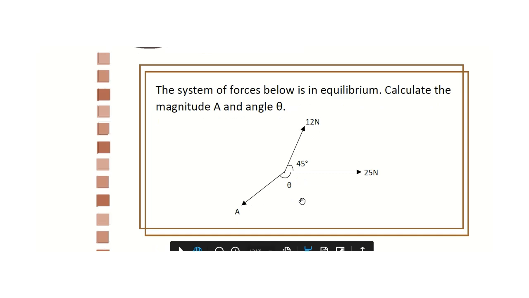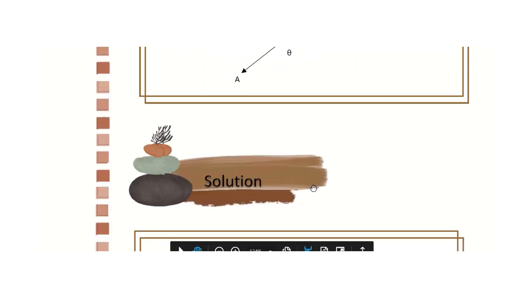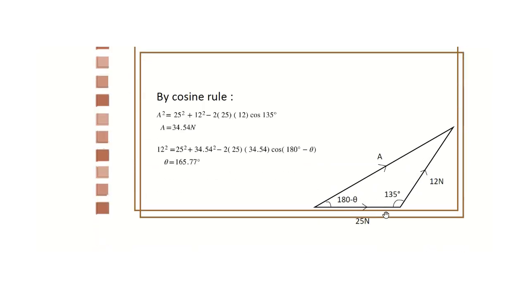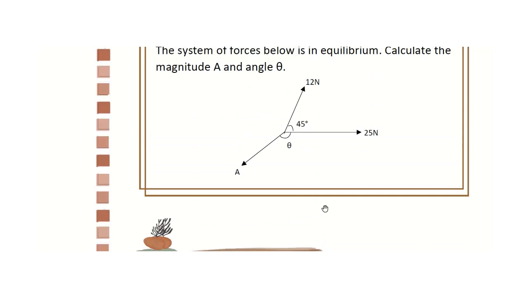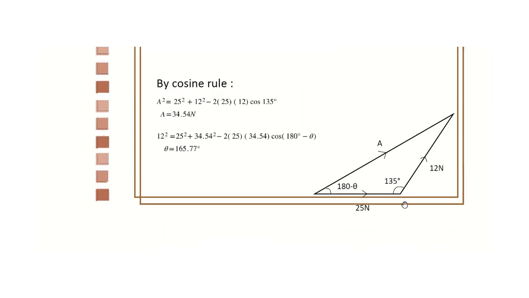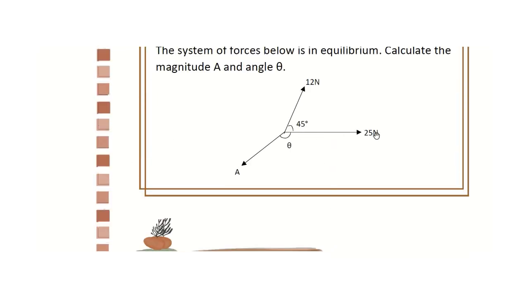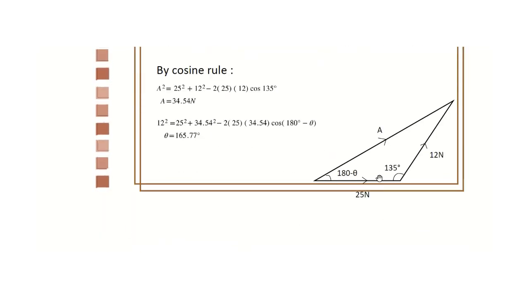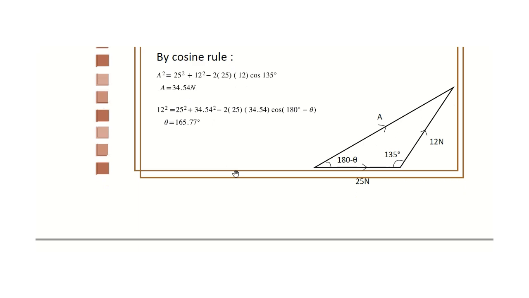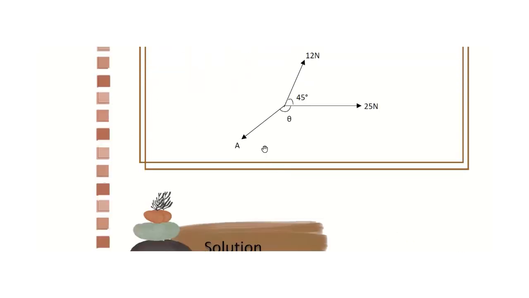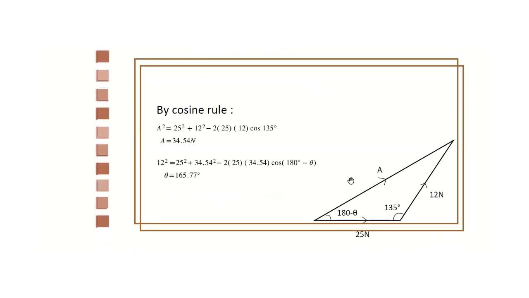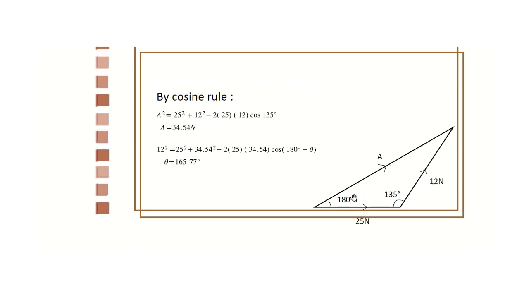So we represent these forces as a triangle. Looking here, we have force 12 Newton, and then force 24 Newton. So we connect here, and force A we connect here.